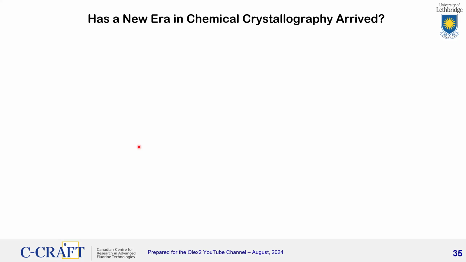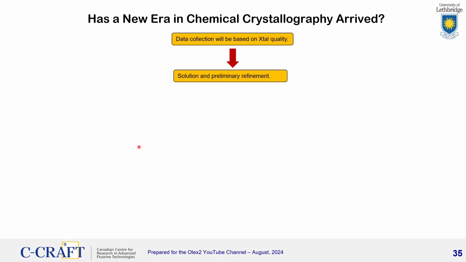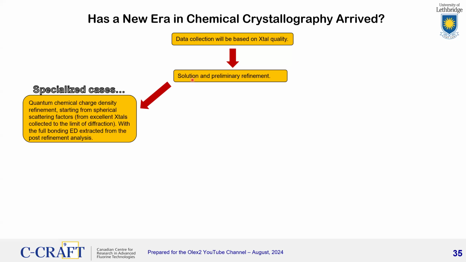So, has a new era in chemical crystallography arrived with the development of NoSpherA2? I think it has. I imagine a future where data collection will be based on crystal quality. You will therefore collect a crystal, do a solution and a preliminary refinement, and it's either going to be a super low quality structure that you sort of siphon off at this point here, or you collect a full data set looking for a good structure determination.